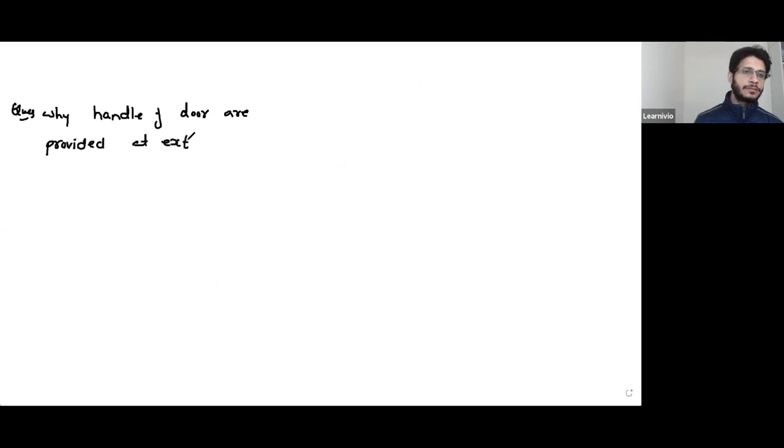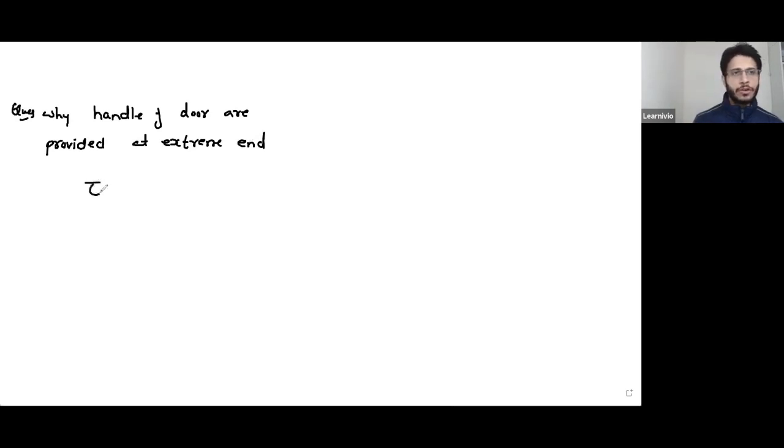After this numerical, you can get a few conceptual questions on this. The first question is: why are the handles of a door provided at the extreme end?